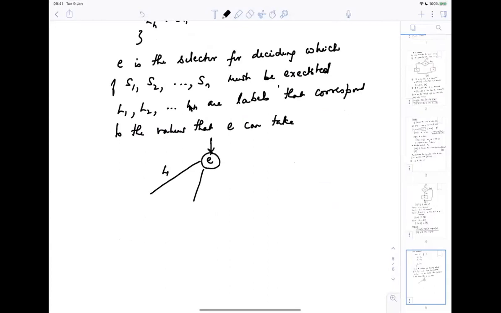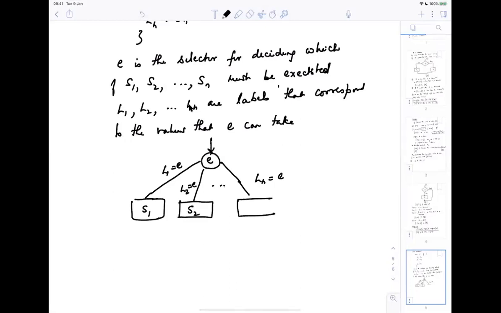L1 equals E, L2 equals E, and so on, Ln equals E, and if it evaluates to L1, you execute S1, evaluates to L2, you execute S2, Ln, you execute Sn, and so on.